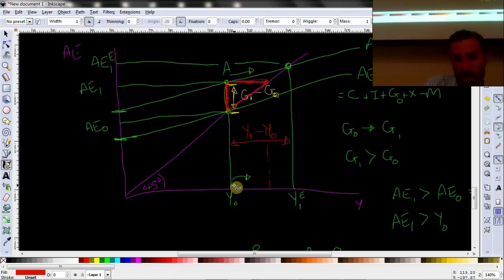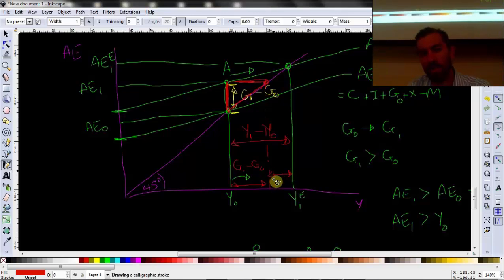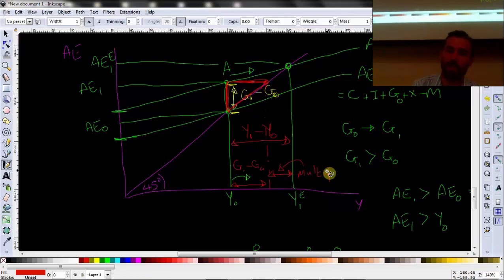So this distance here is G1 minus G0. This additional distance here is due to the multiplier. This is the multiplier effect. We take this change and we multiply it by some amount to give us the full change.